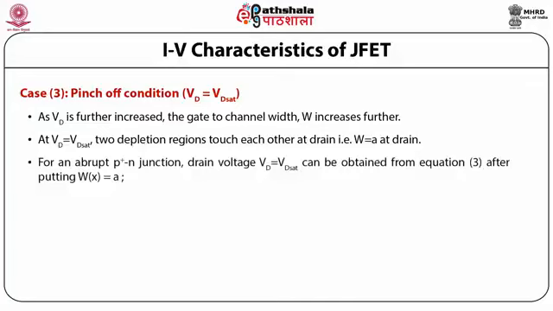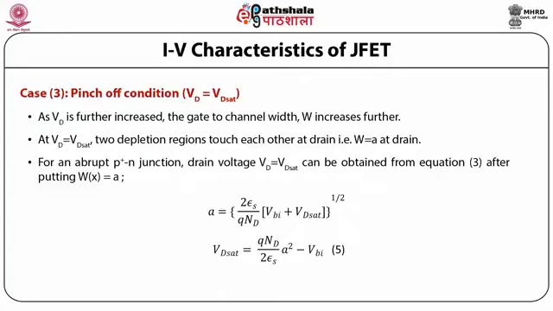So for an abrupt P plus N junction, the drain voltage Vd saturation can be obtained from equation 3 after putting Wx equal to a. So we get a equal to (2 epsilon s by Q Nd multiplied by (Vbi plus Vd saturation)) to the power half. Vd saturation equal to Q Nd by 2 epsilon s multiplied by a squared minus Vbi.